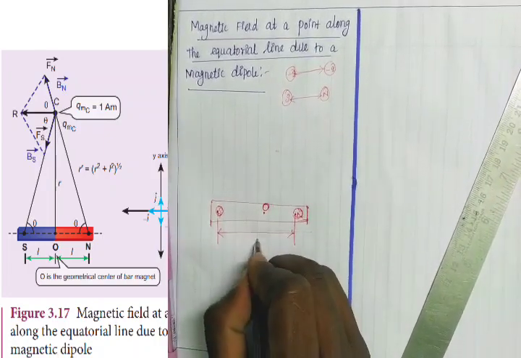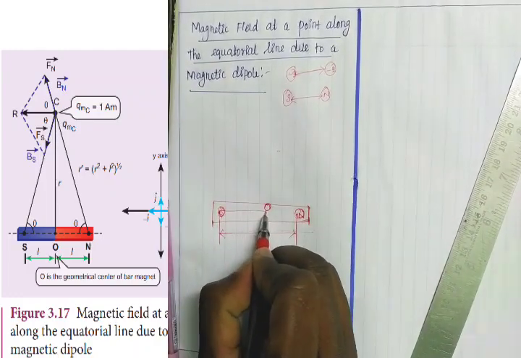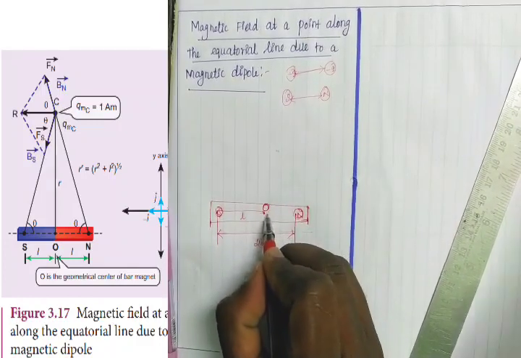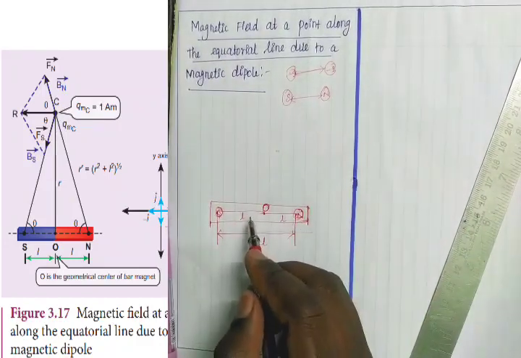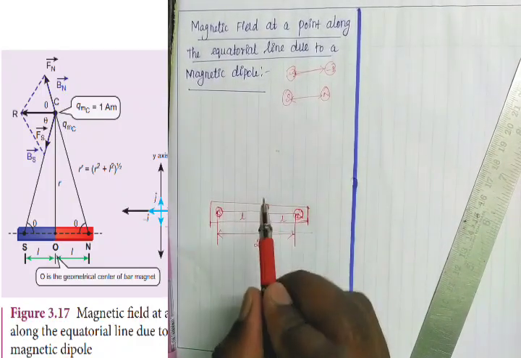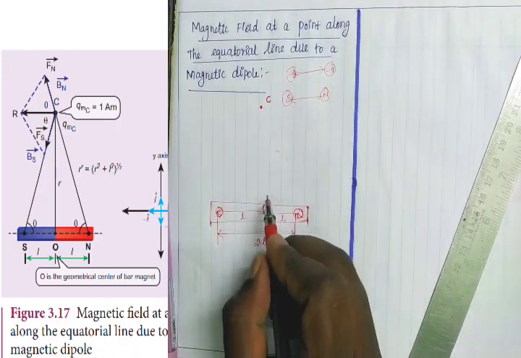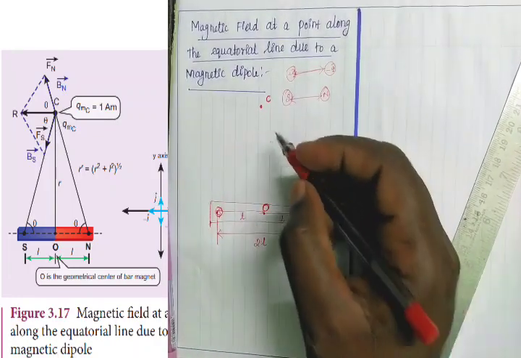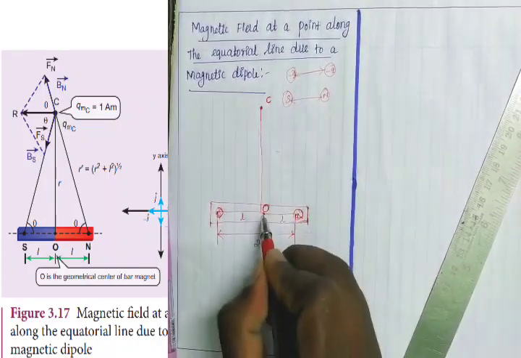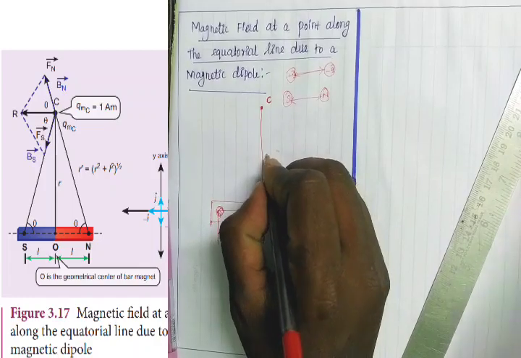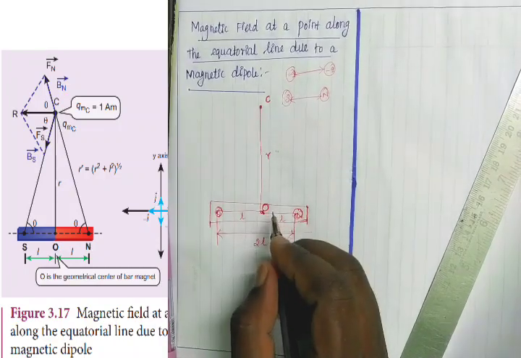So the total magnetic length is 2L: S to N is 2L, S to O is L, and O to N is also L. Next is the magnetic field at a point C at a distance R from the geometrical center O of the bar magnet.